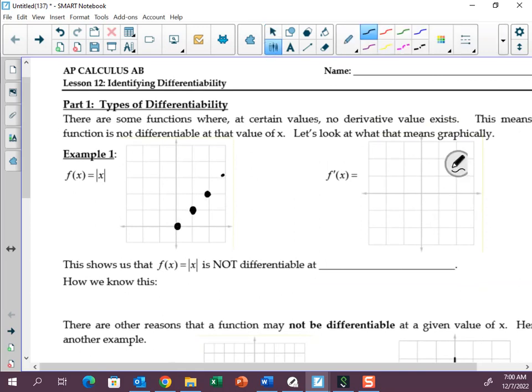So a good example of this is an absolute value function. That sharp point on the absolute value function, we're going to call a corner. And a corner is a place where it's troublesome to try to define the slope.